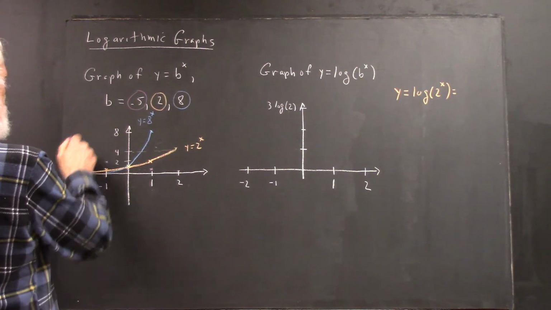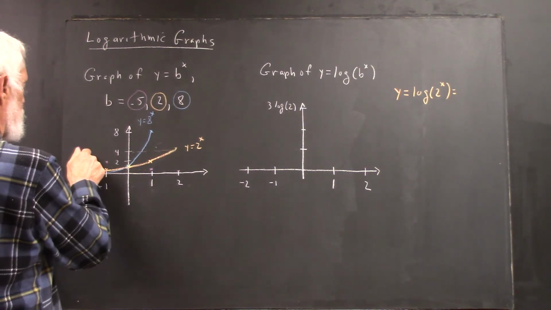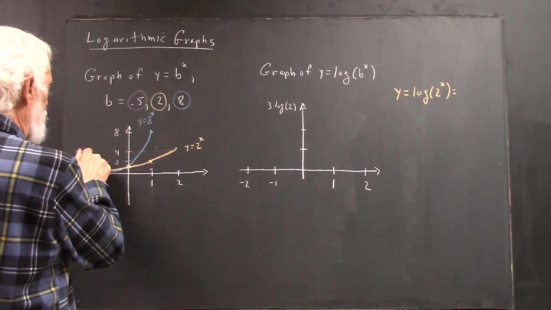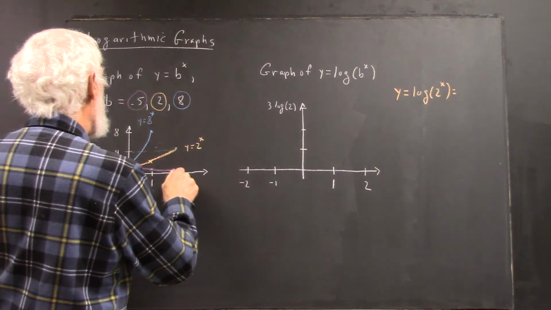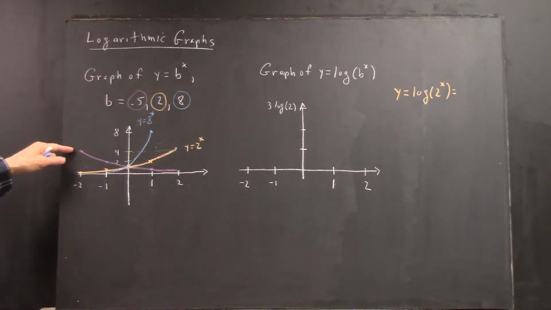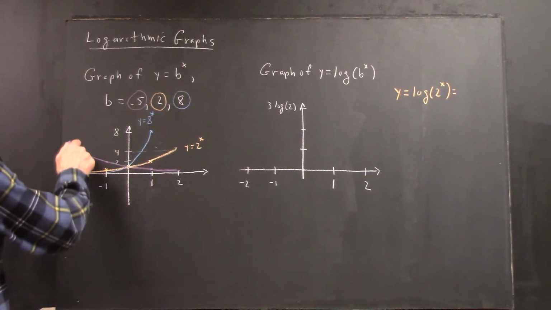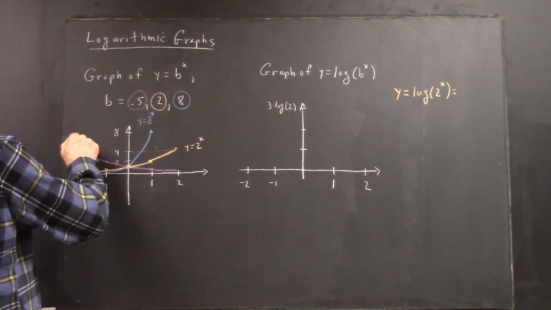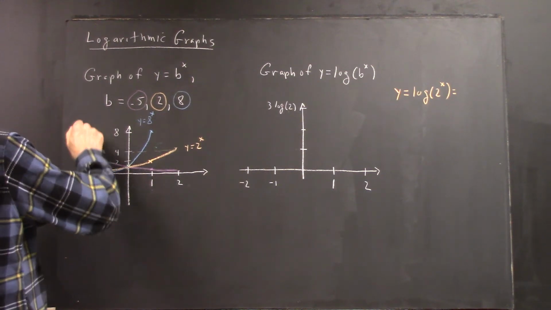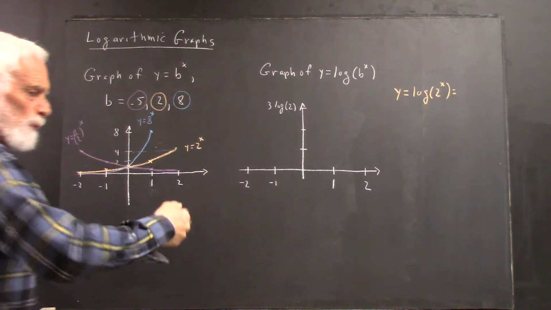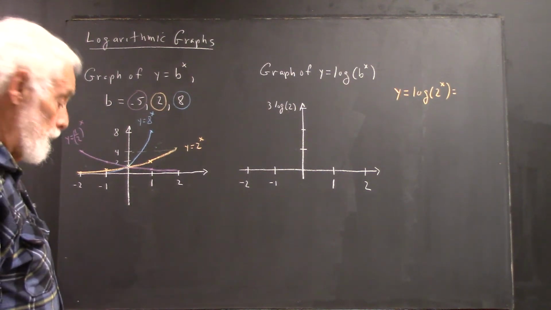And we see that the graph of y equals 1/2 to the x is just the reflection through the y-axis of the graph of y equals 2 to the x. I'm not sure why I wrote that as 0.5. 1/2 would have been a better way to write it, but there we have the three graphs.